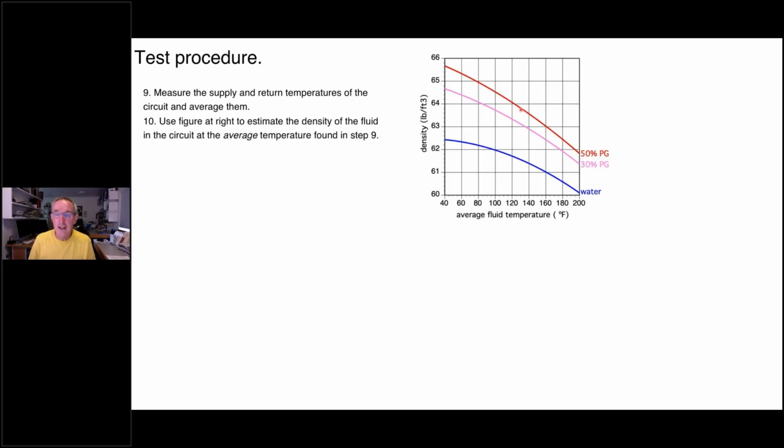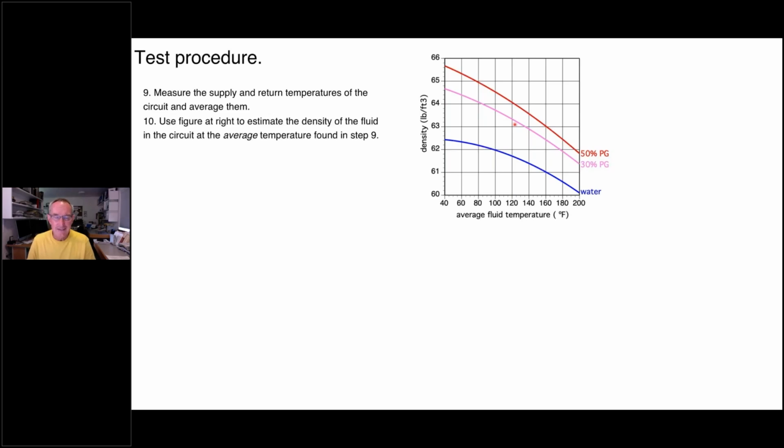You can see the density of 30% propylene glycol or 50% propylene glycol. Not only is it higher than the density of water, but it's also strongly dependent on the temperature that we're working at. So with that measurement of temperature, you go over to the graph and read up. Again, you're going to have to know the fluid that is in that circuit.